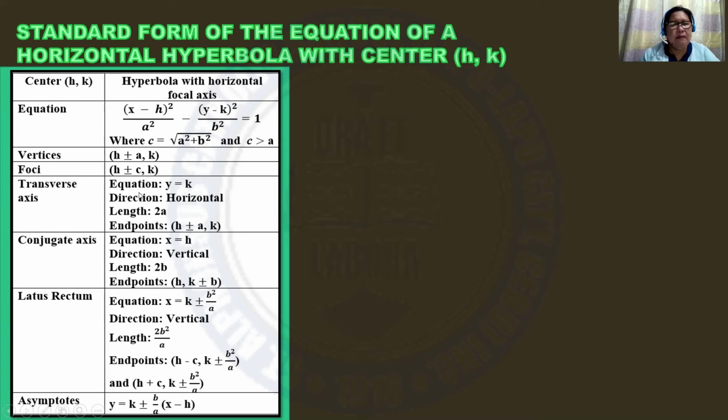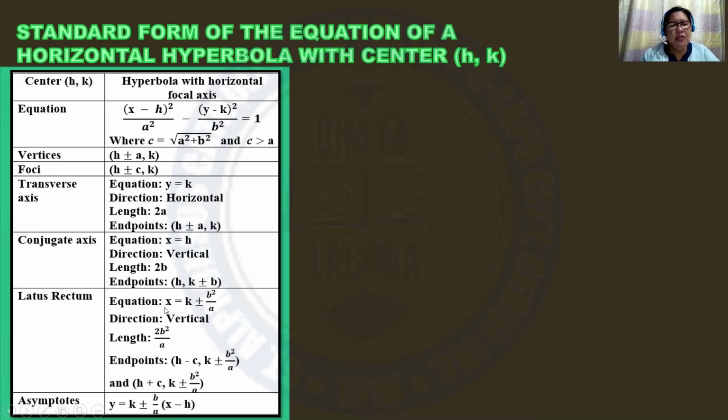Transverse axis equation is y is equal to k, direction is horizontal, the length is 2a. Endpoints, we have h plus or minus a, k. For the conjugate axis, equation is x is equal to h. Direction is vertical, the length is 2b. Endpoints is h and k plus or minus b.